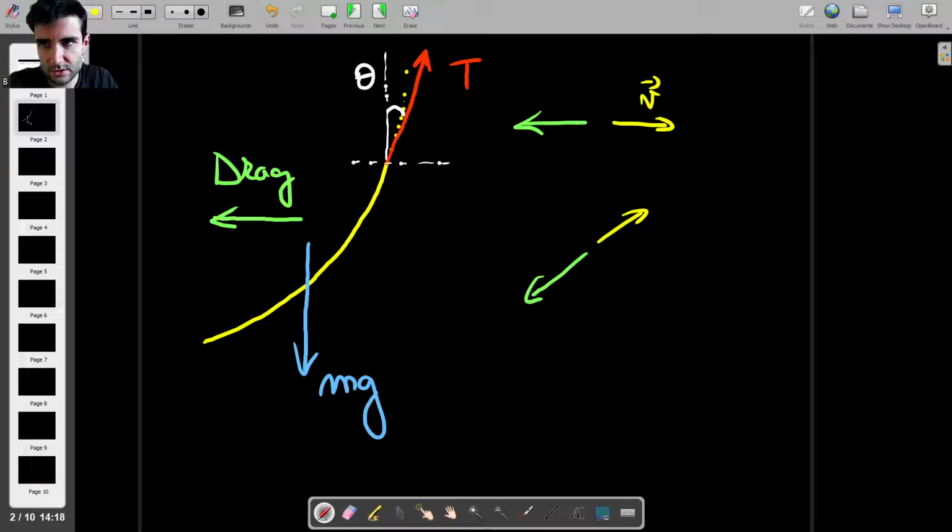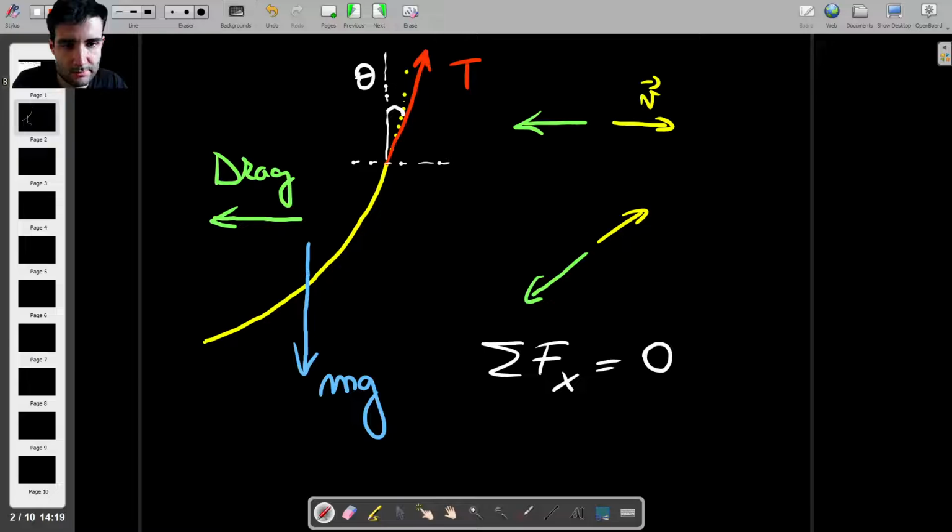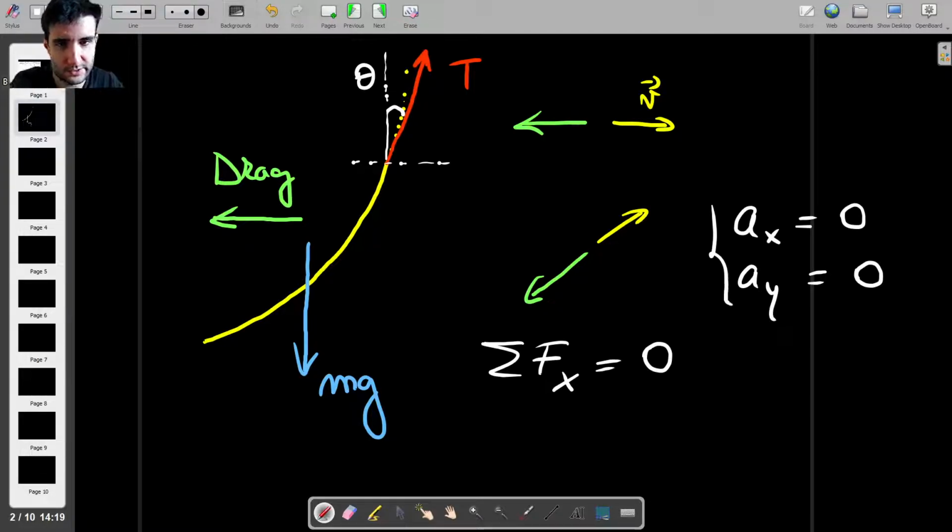Now, let's see what we do with this. Well, because it's a free body diagram, we can say that the sum of forces acting in the x direction is going to be equal to 0, okay? Because remember, this is moving with a constant speed, so there's no horizontal acceleration and there's no vertical acceleration either, okay?